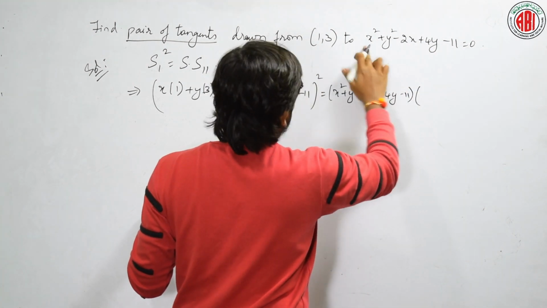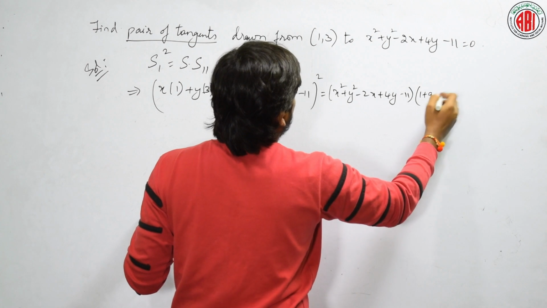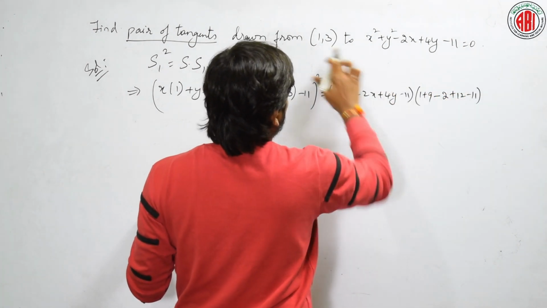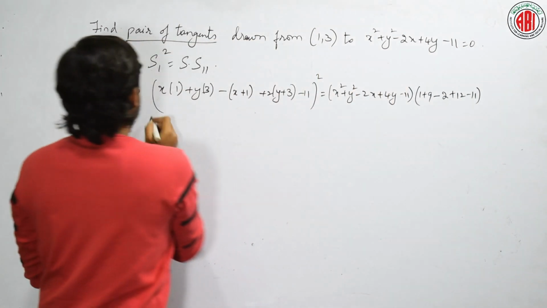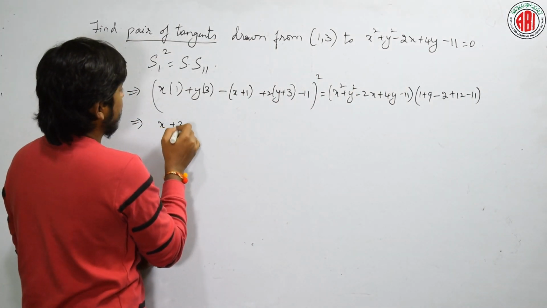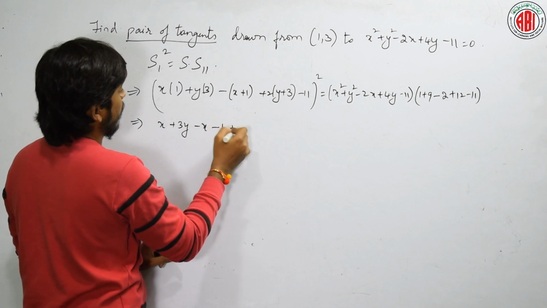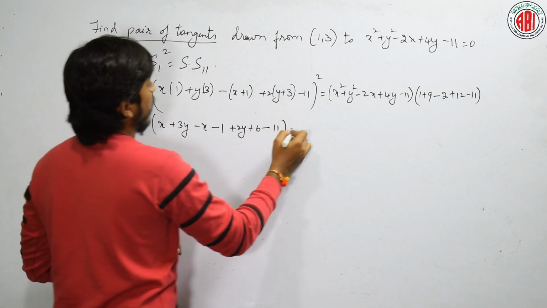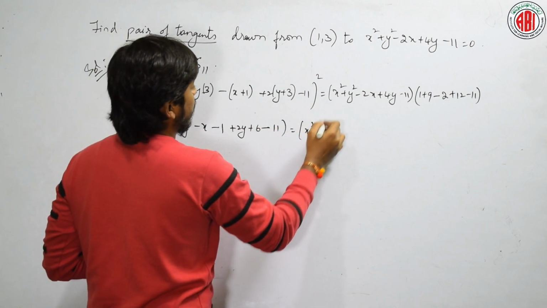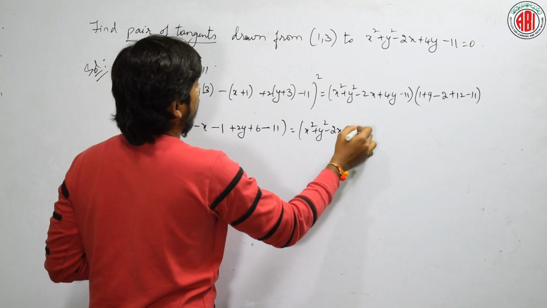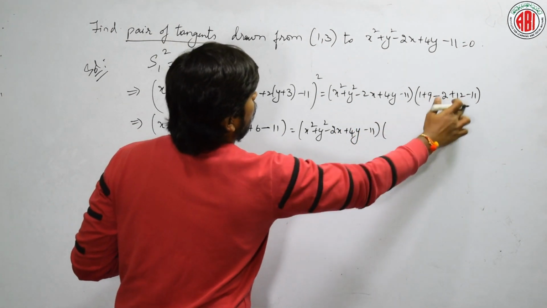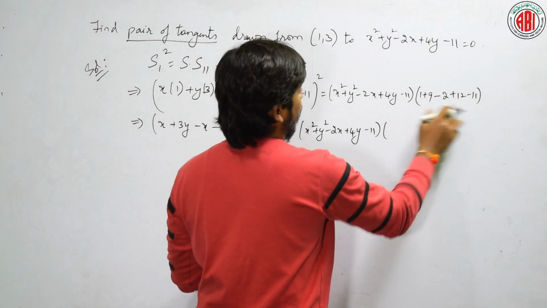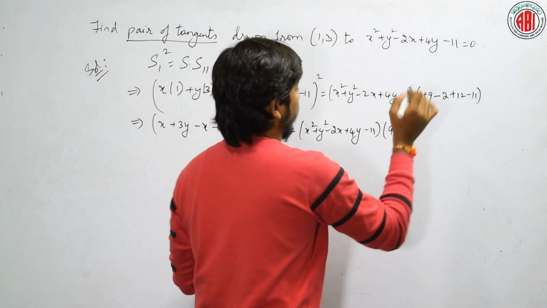That is just substituting this value: 1 plus 9 minus 2 plus 12 minus 11. 2 1s are 2, 4 3s are 12, minus 11. So, 12 minus 11 is 1. 1 plus 1 is 2, 2 minus 2 is 2, I will be left with 9.